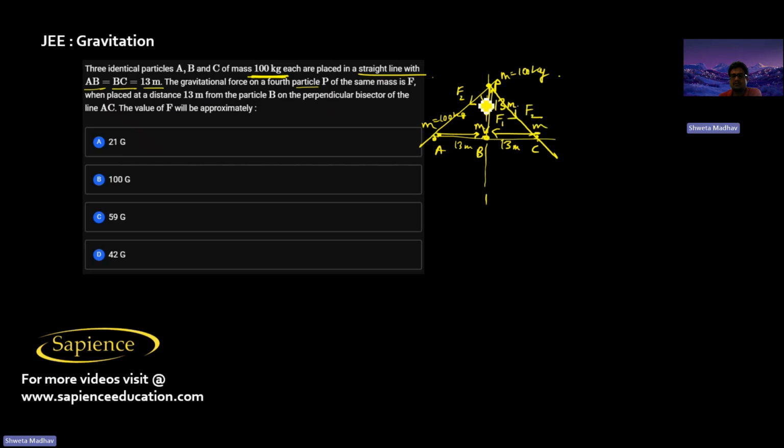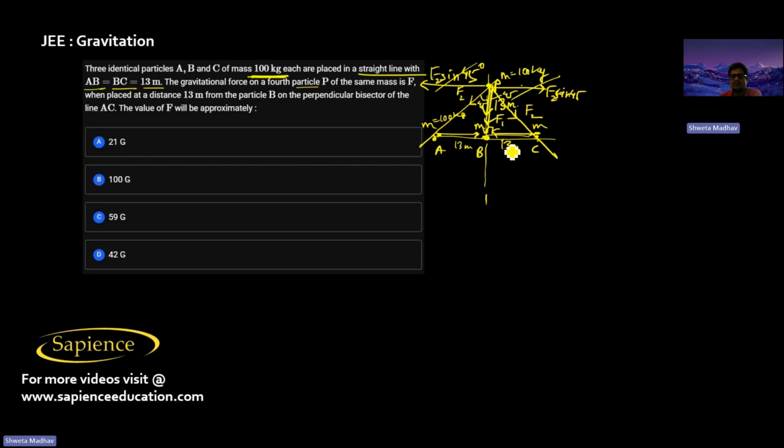So this angle is 45 degrees. This is also 45 degrees. Since this length and this length are the same, it is an isosceles right angle triangle here. So this component will be F2 sine 45, which will get cancelled.